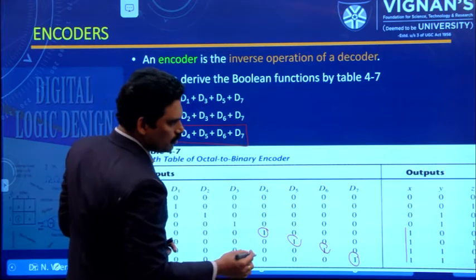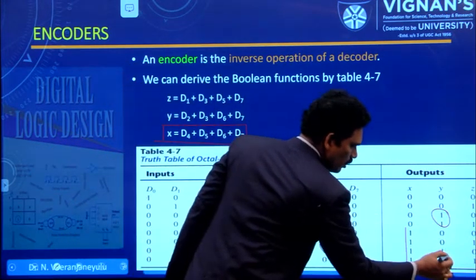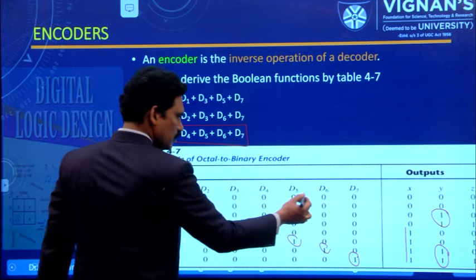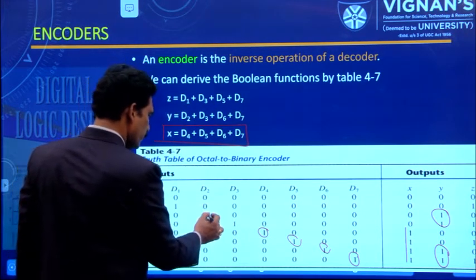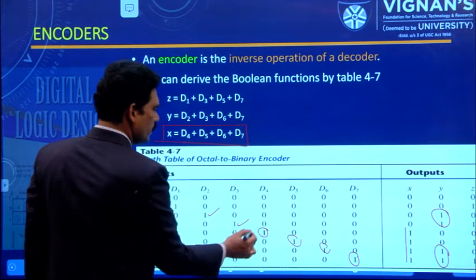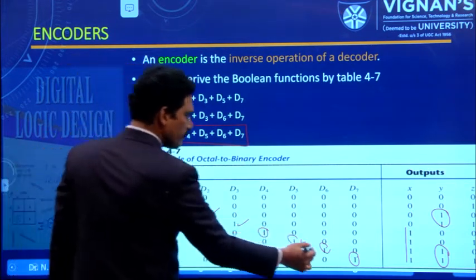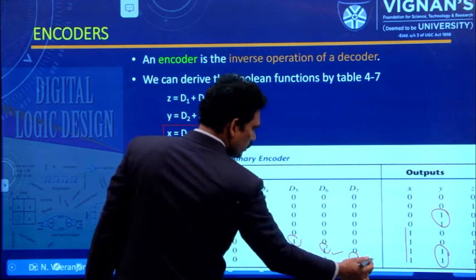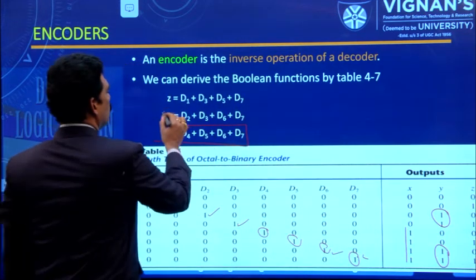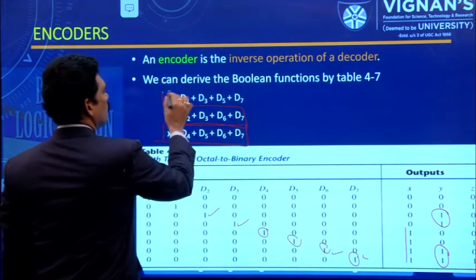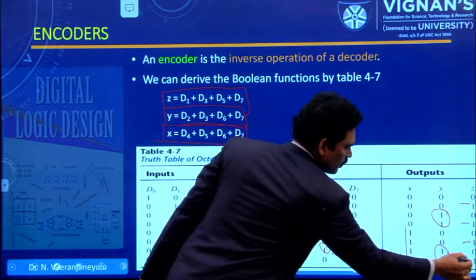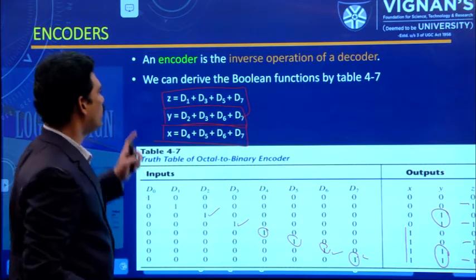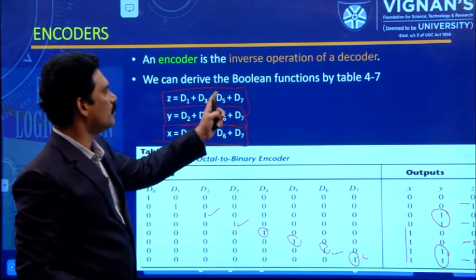Y is equal to D2 plus D3 plus D6 plus D7. And what about Z? Z is equal to D1 plus D3 plus D5 plus D7.